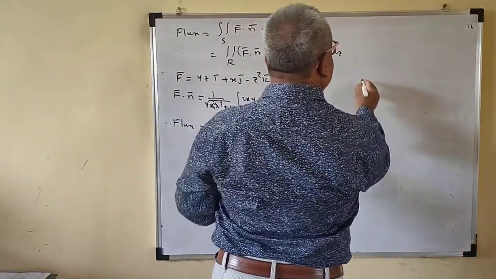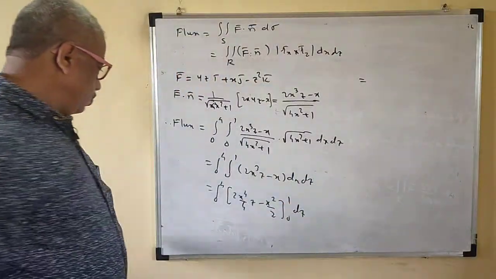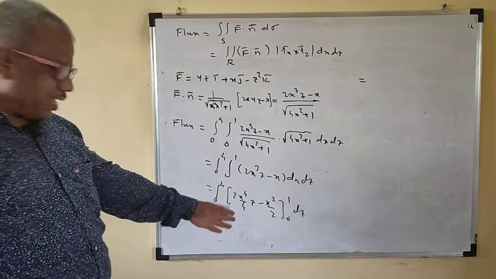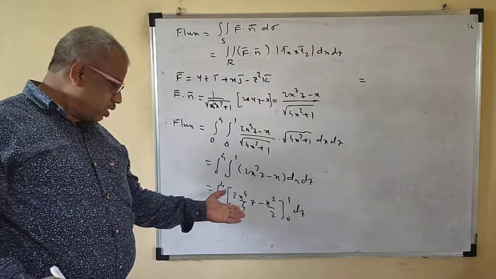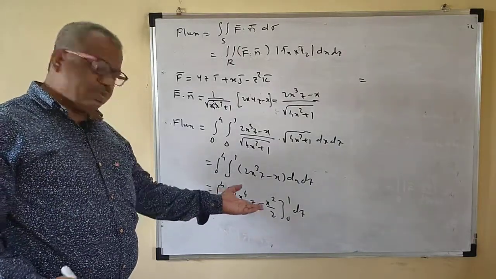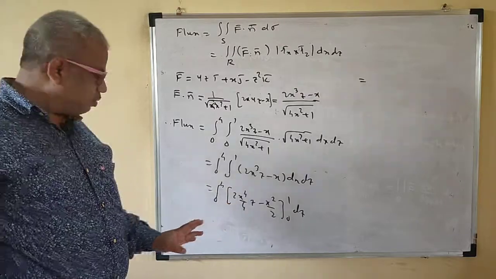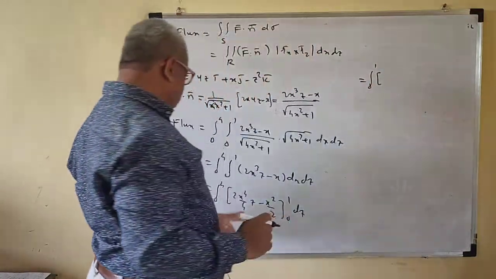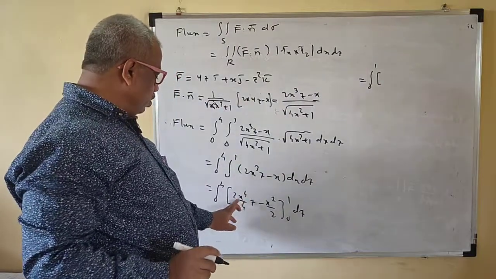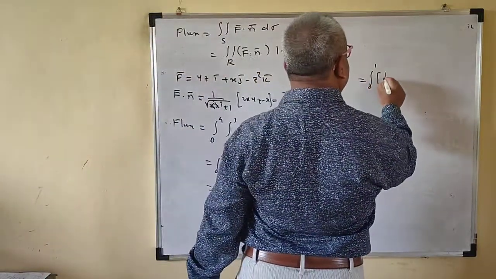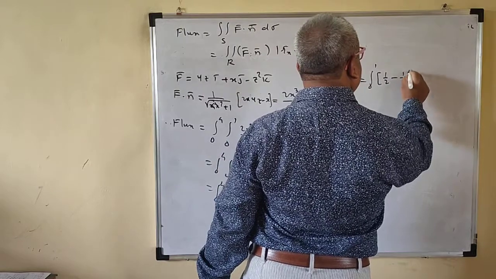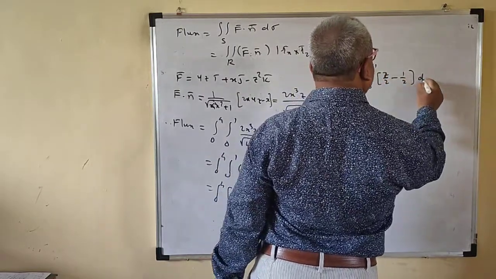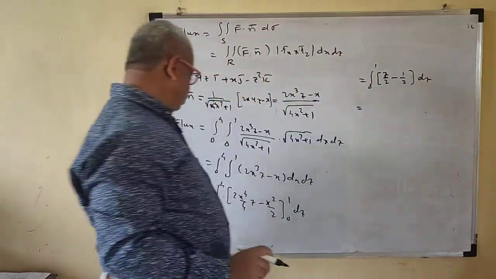If you put the lower limit 0, everything is 0, so we put only the upper limit x equal to 1. So 2 by 4 is half, giving z by 2 minus half dz.